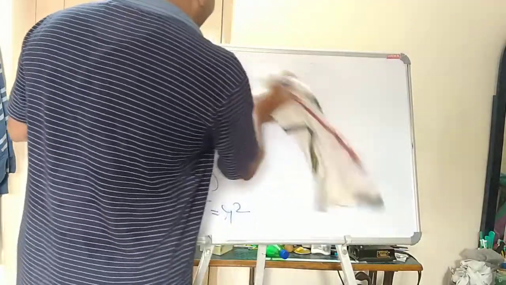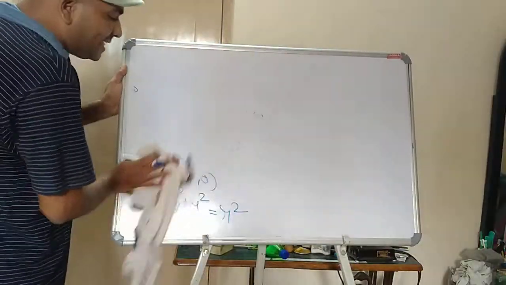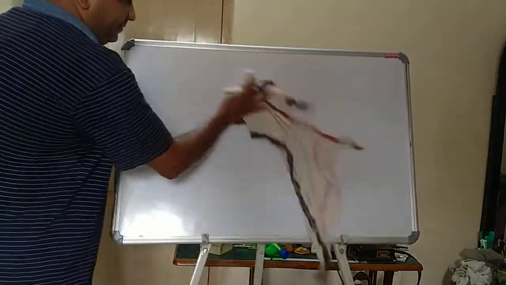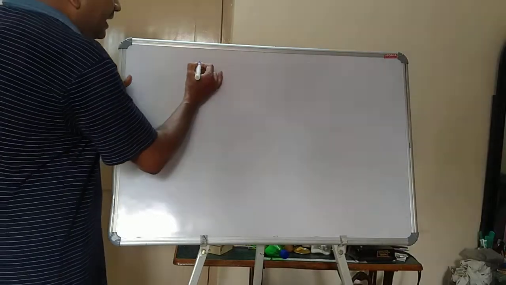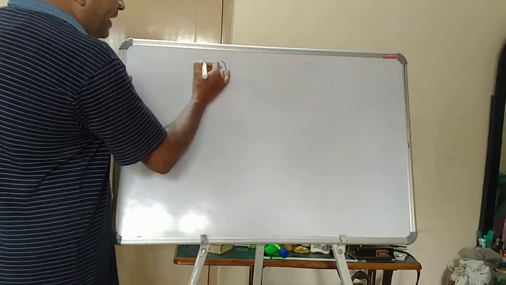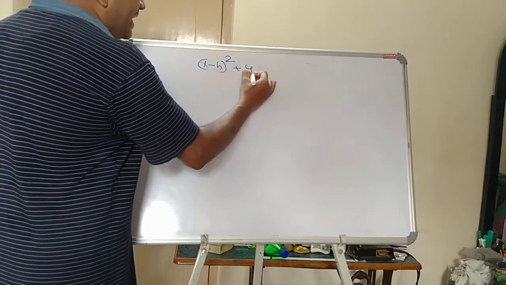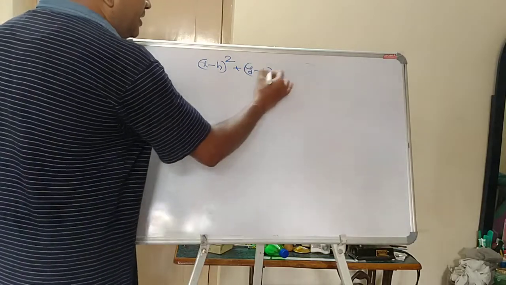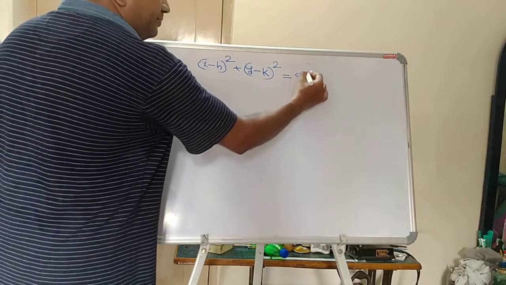Now we expand the center radius form of the circle. Already we know that center radius form of the circle is x minus h whole square plus y minus k whole square equal to r square.